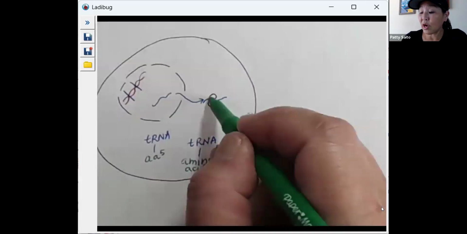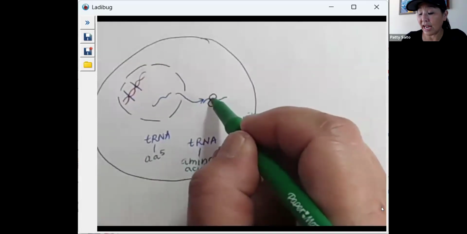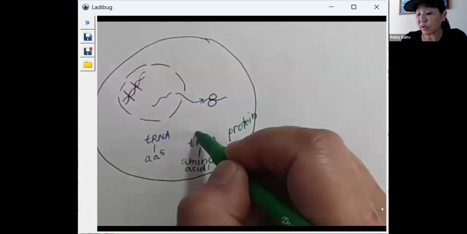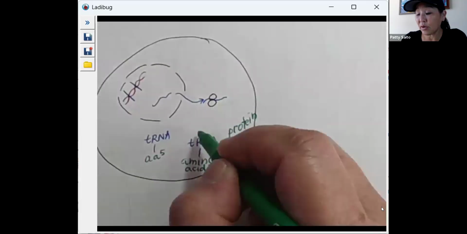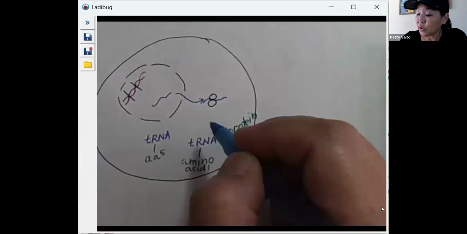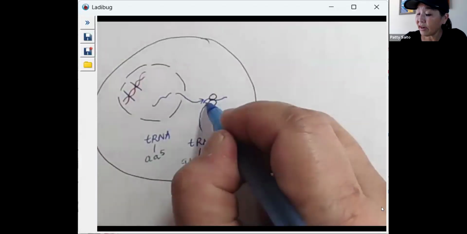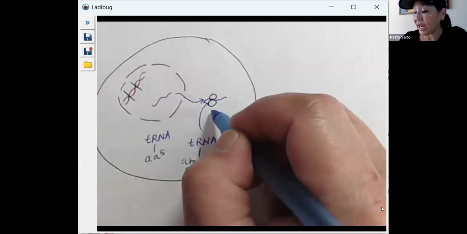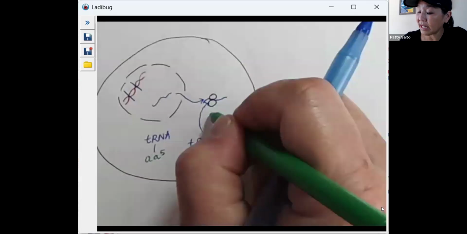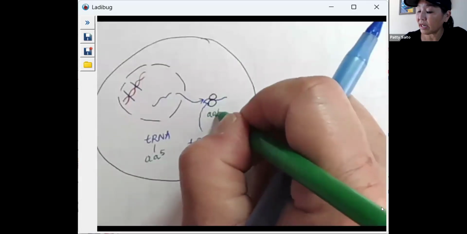And so whatever the code is here in the RNA, the proper transfer RNA that matches that code is going to bind here and bring its amino acid. So let's say this is amino acid number 1.